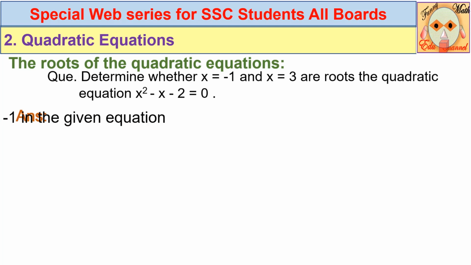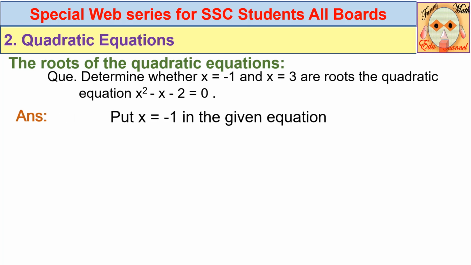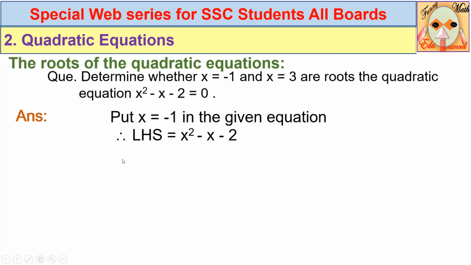So let us see, put x is equal to minus 1 in the given equation. The given equation has the LHS x square minus x minus 2, equal to 0. Always keep in mind you have to take the left hand side only, not the right hand side. Now, wherever there is x, you have to put minus 1.